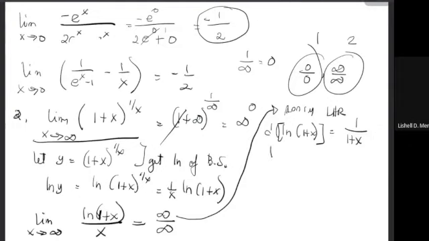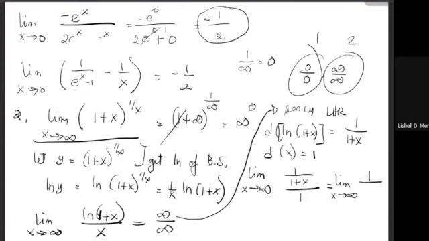What's the derivative of our denominator? As x approaches infinity, we have 1 over 1 plus x over 1. Or you can write that one as the limit of 1 over 1 plus x. If you substitute the value of infinity, of course, definitely this is not 0 over 0 anymore because we have a numerator that's obviously equal to 1.